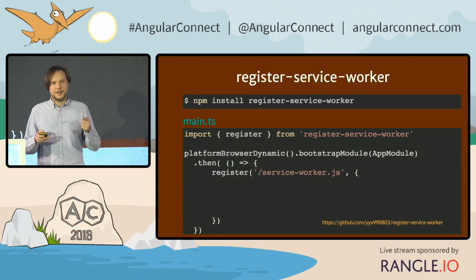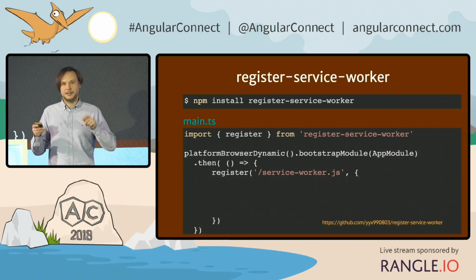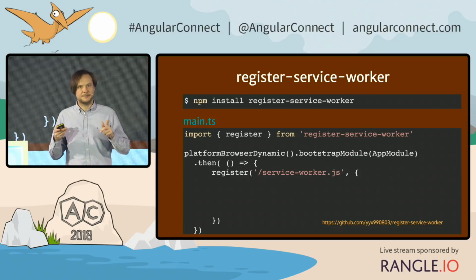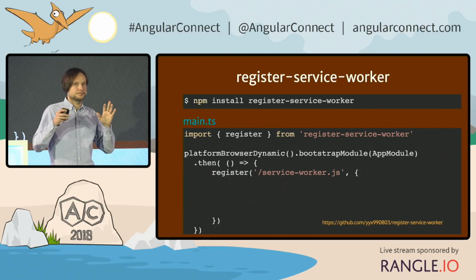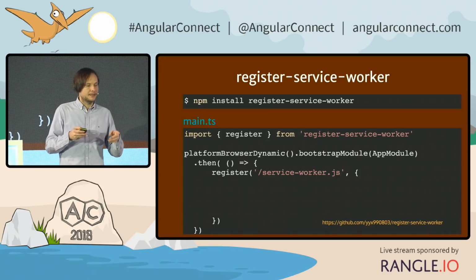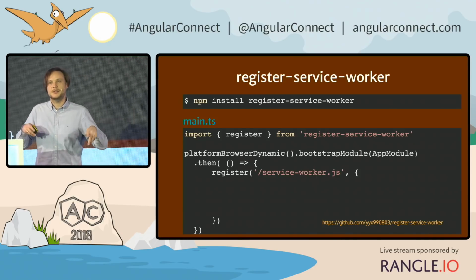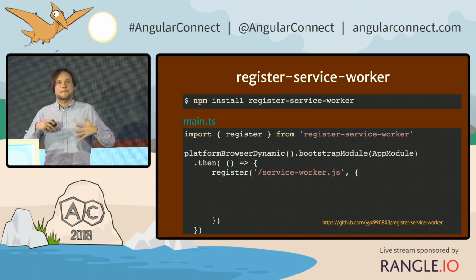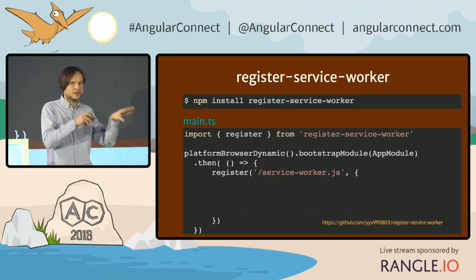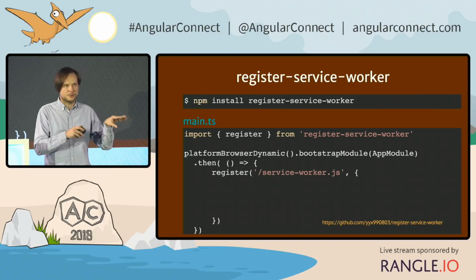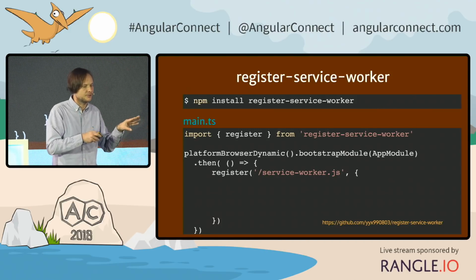Just put it into the correct place, and in the case of Angular, the safest place to have it is the promise resolve from bootstrapModule. Why? Because the UI is rendered, and this small utility is responsible for proper registration in terms of wrapping it into the onload event. So all resources are loaded, all UI is generated.